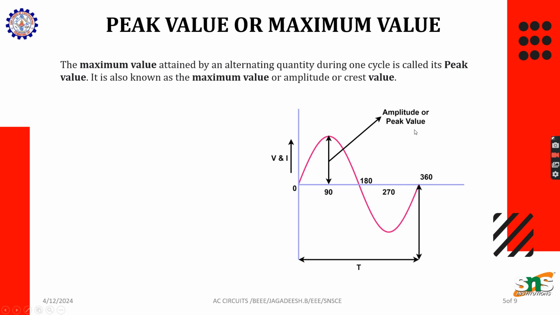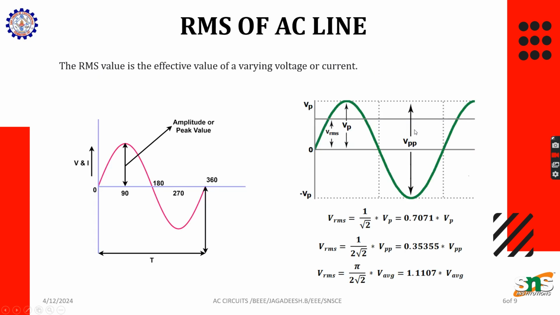The second thing is the RMS value of the AC line. RMS is the root mean square value. It is the effective value of a varying voltage or current. We all know what peak value, amplitude, and average value are.